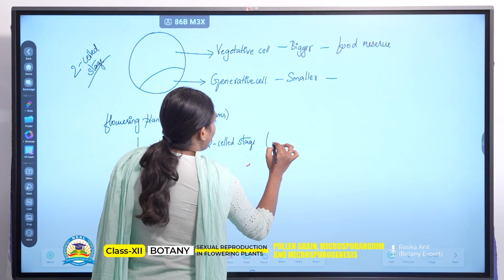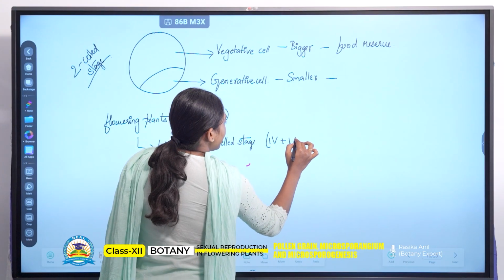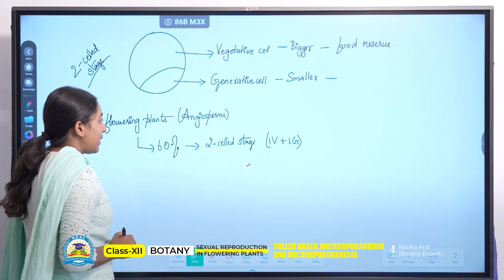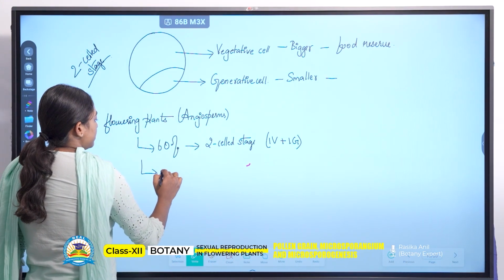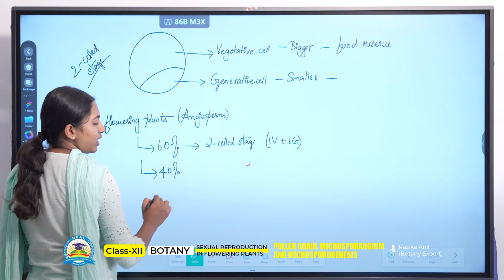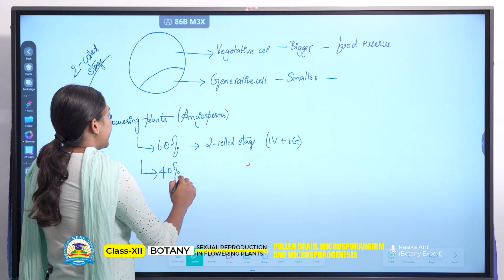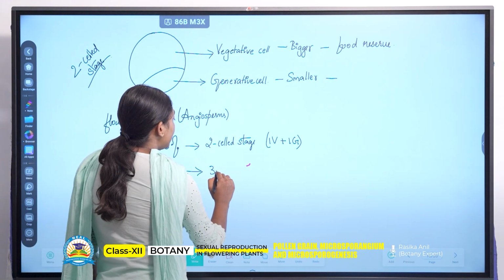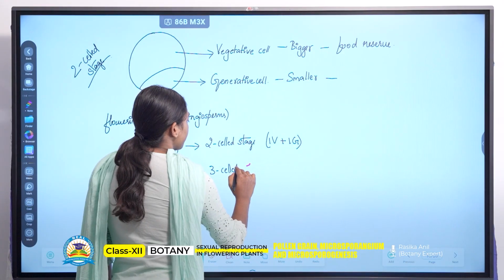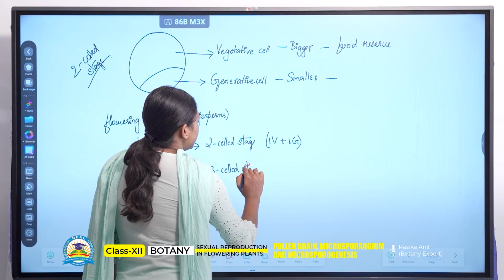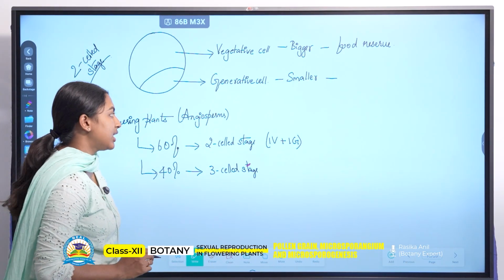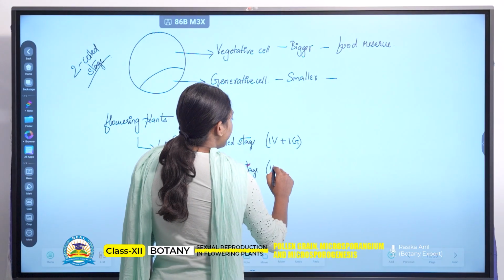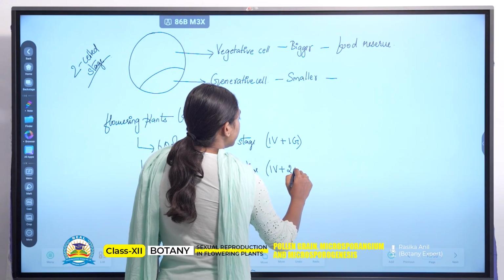Two-celled stage means one vegetative cell plus one generative cell, correct? And in the remaining angiosperms, so can I say around 40% of angiosperms, it is dispersed at the three-celled stage, right? Three-celled stage means it has one vegetative cell and two generative cells.